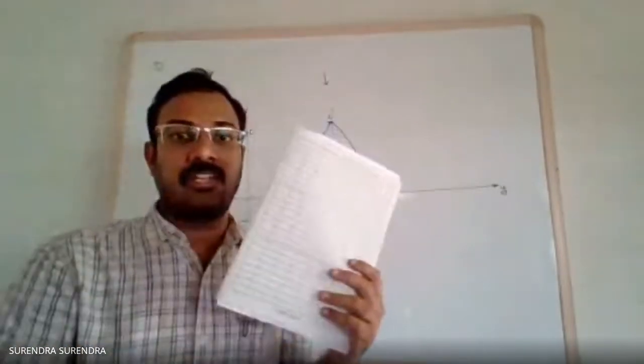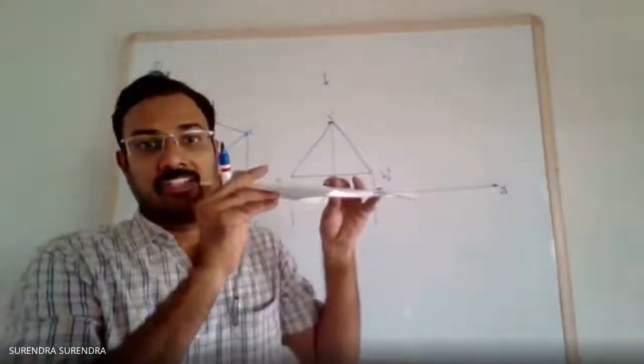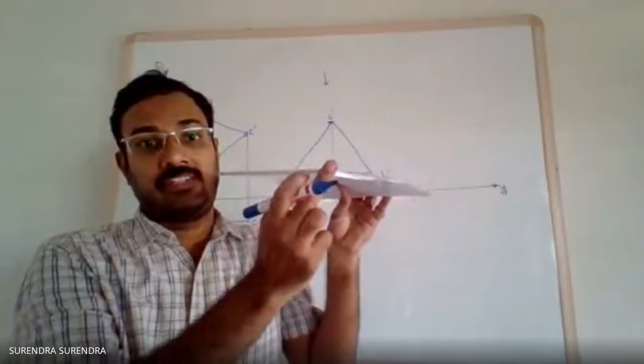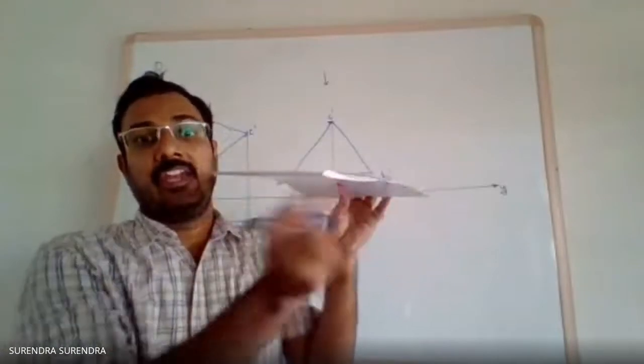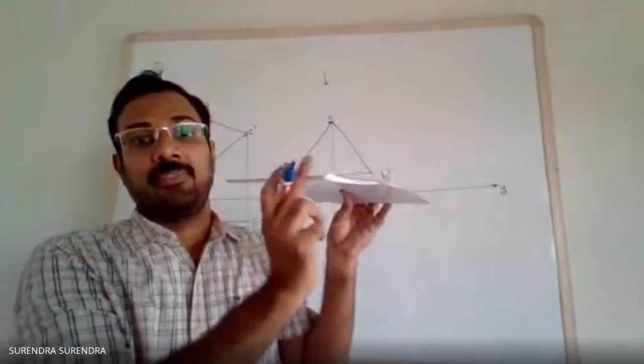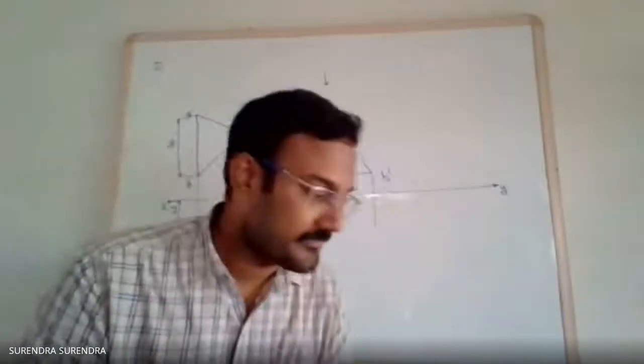The bottom edges are hidden. See here, when you are seeing like this, you can see only the two edges. Points C, B, A are visible, so we are seeing the edges CA and BC.